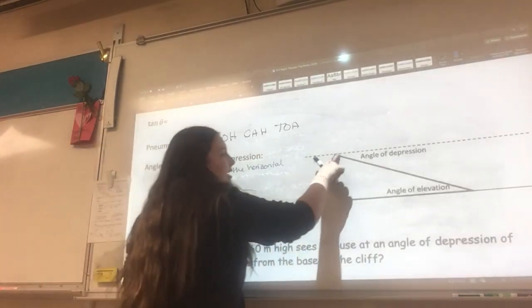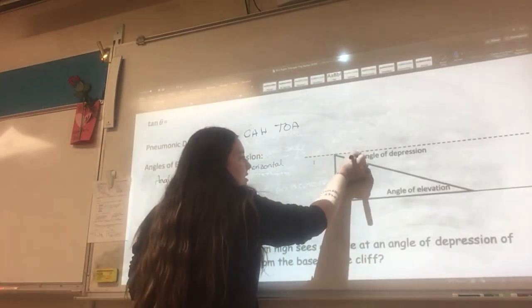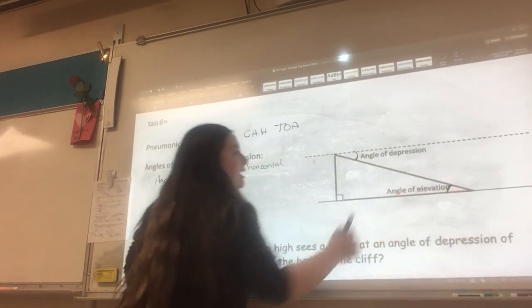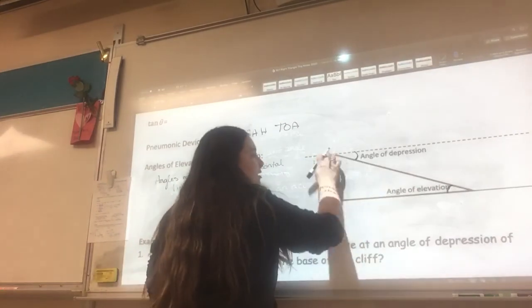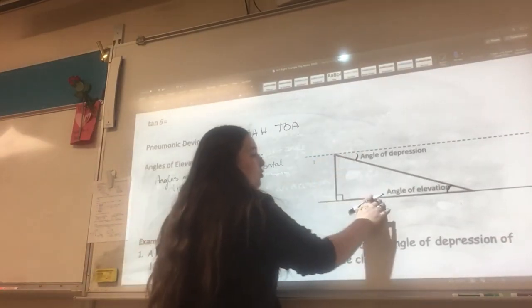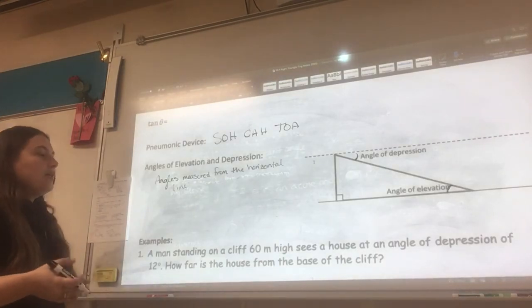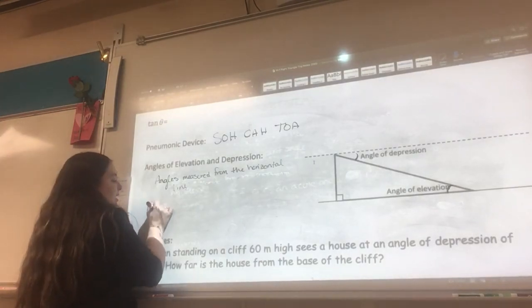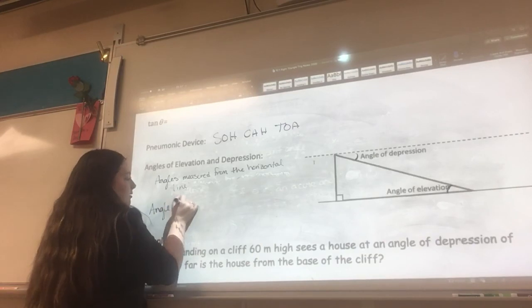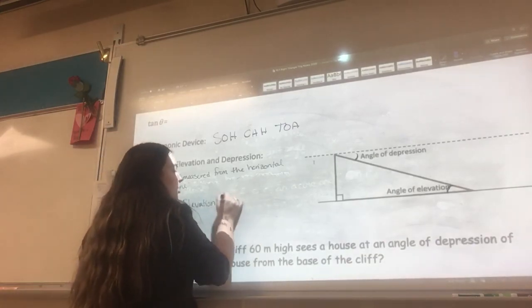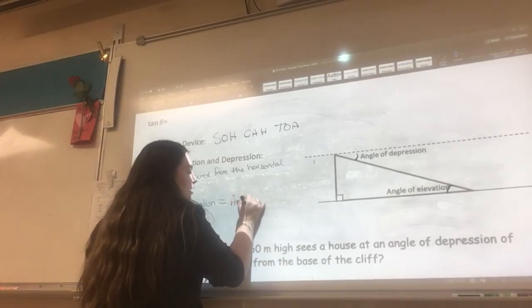We have the angle of depression, which is this angle here, and the angle of elevation for that angle there. It is from the horizontal to the hypotenuse, technically. What you also need to make sure to understand is that the angle of elevation and the angle of depression are equal to each other.